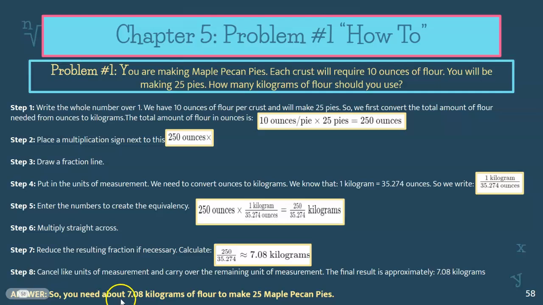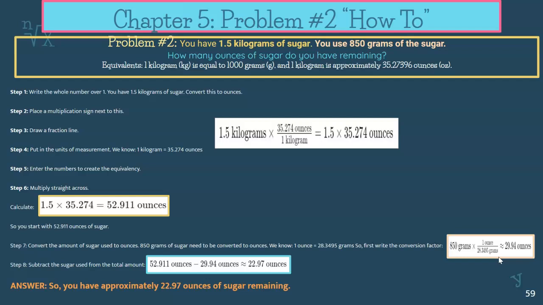So you need approximately 7.08 kilograms of flour to make 25 maple pecan pies. Again, if you have any questions, ask for clarification. It's going to seem weird because we're not used to converting to kilograms. So until we do it more, it's going to seem confusing, but it's the same setup using the same equivalents that we're used to looking at in the equivalent chart.